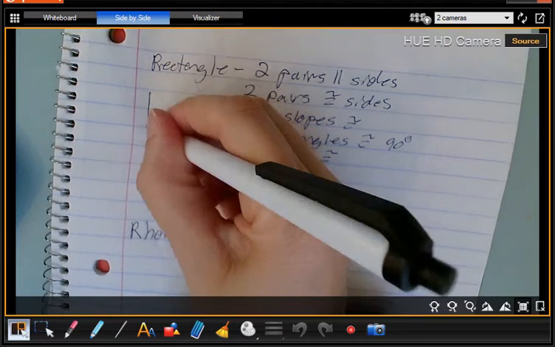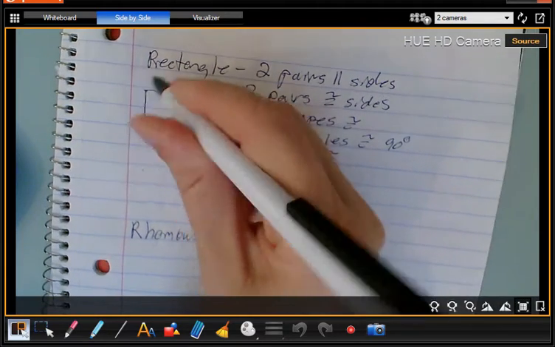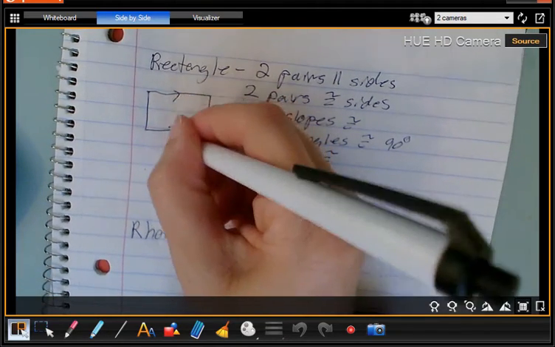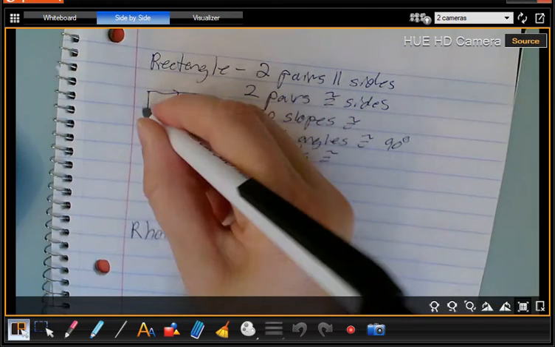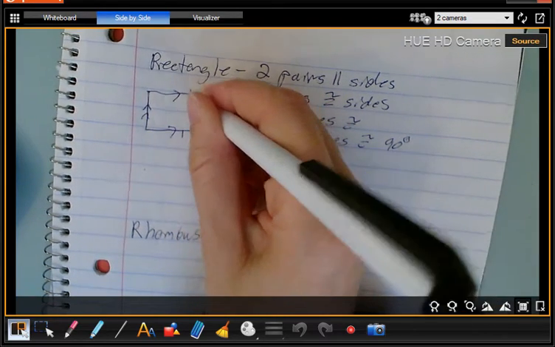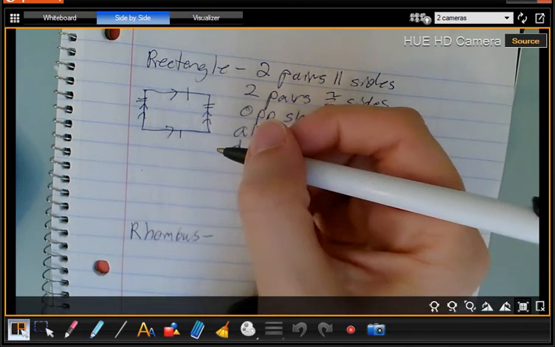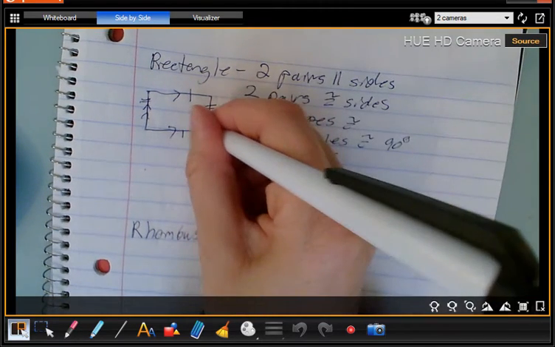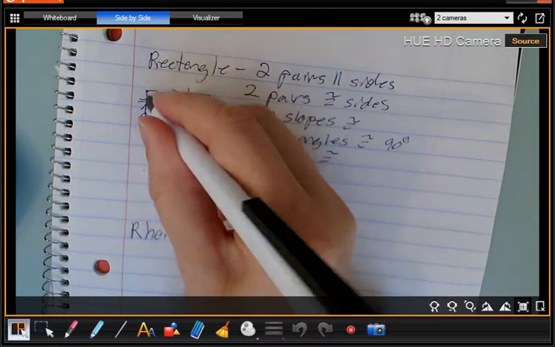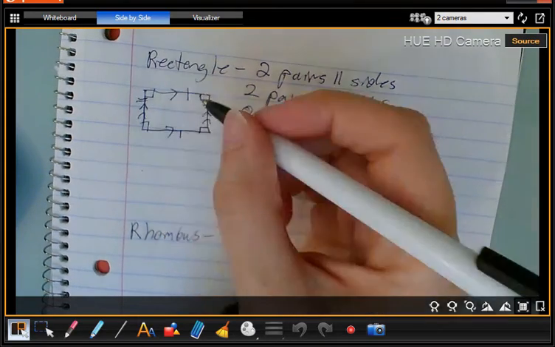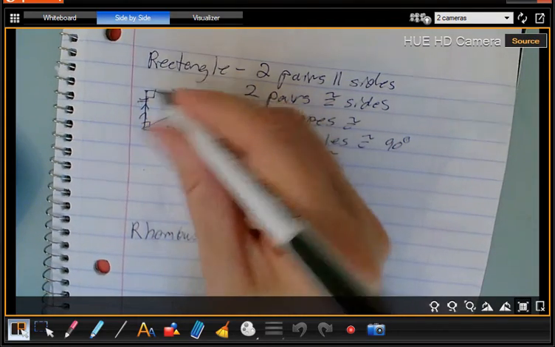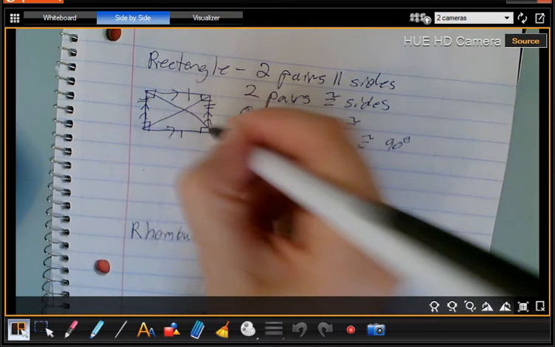So if we draw our rectangle, opposite sides are parallel. Opposite sides are congruent. That's what those little lines mean. The arrows mean parallel, those mean congruent. All four angles are 90 degrees and equal, and the diagonals are going to be equal to each other.